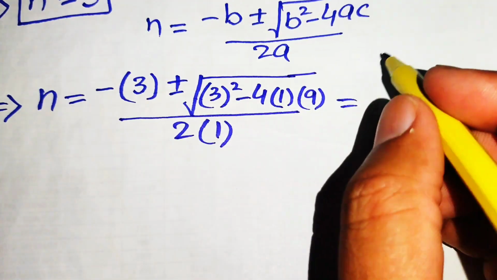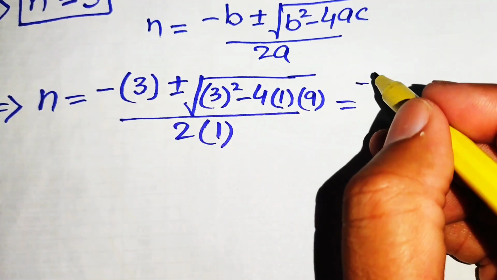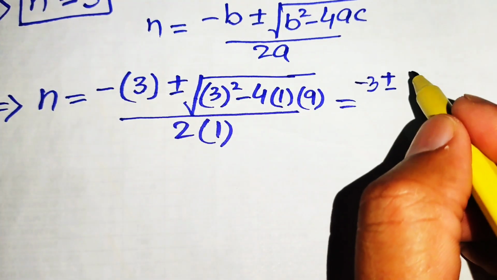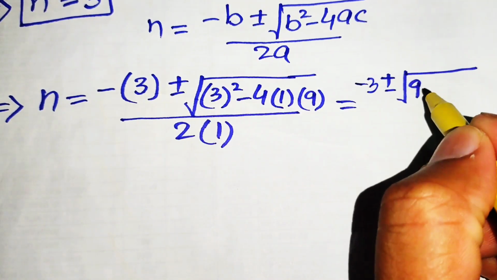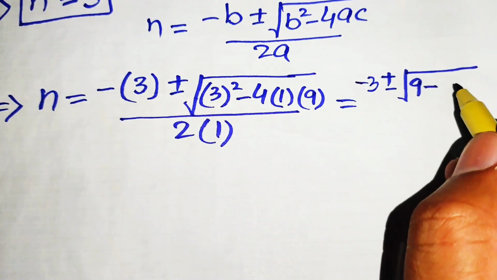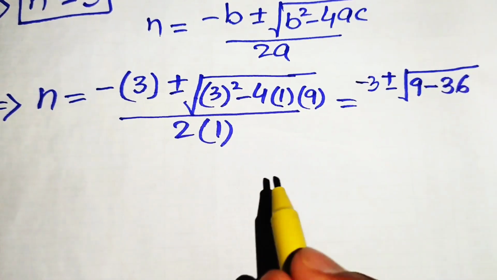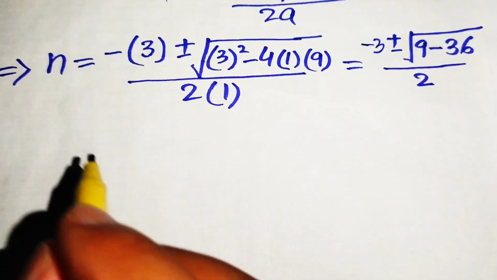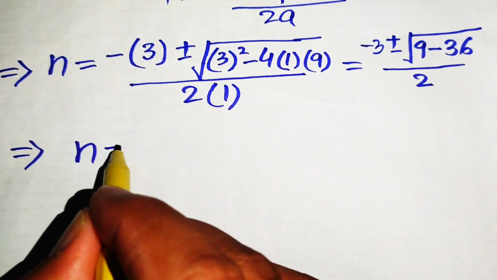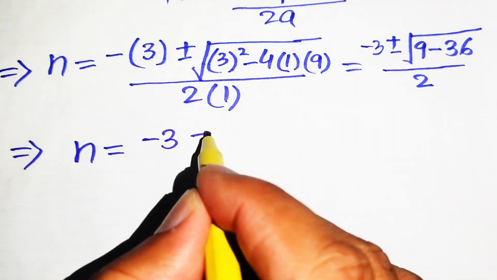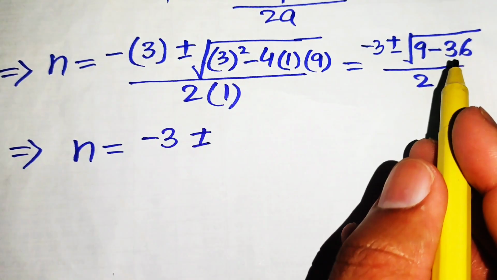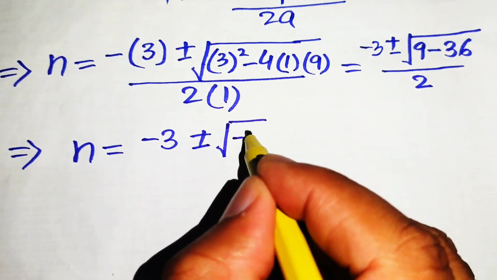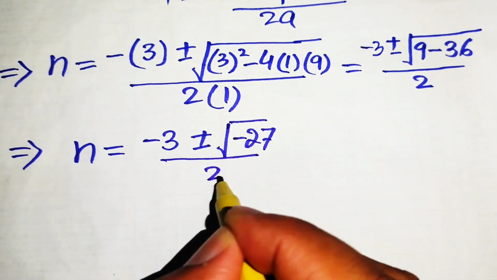We rewrite this as minus 3 plus minus square root of 3 square, and you know that 3 square equals 9, minus 4 times 9 equals 36, and this whole divided by 2. This implies that n equals minus 3 plus minus square root of 9 minus 36 equals minus 27, and this whole divided by 2.